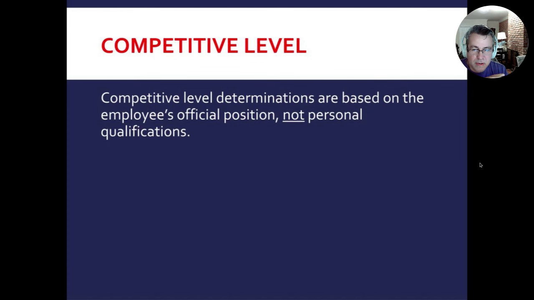It's not going to depend on other qualifications that you have that are not relevant to the position. So if I worked as an investigator in my agency and I was a paralegal and then I got my law degree and now I'm a lawyer performing this role, I don't get special treatment for that because that is not required for that.